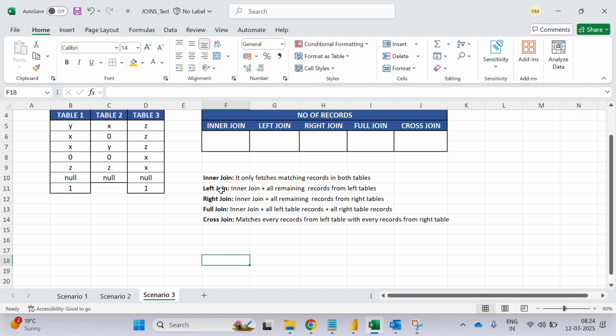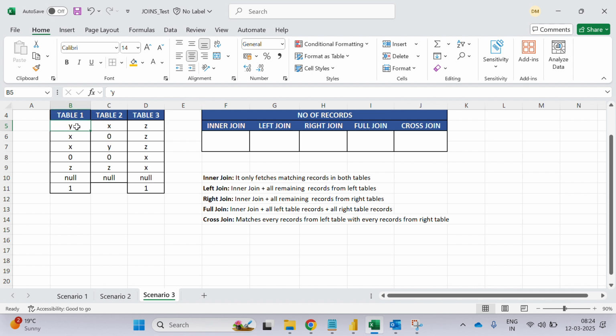Firstly we check the inner join, which only fetches the matching records in both the tables. So with inner join, only matching records are present. In the first table there are different types of records, and table 2 has some matching records.